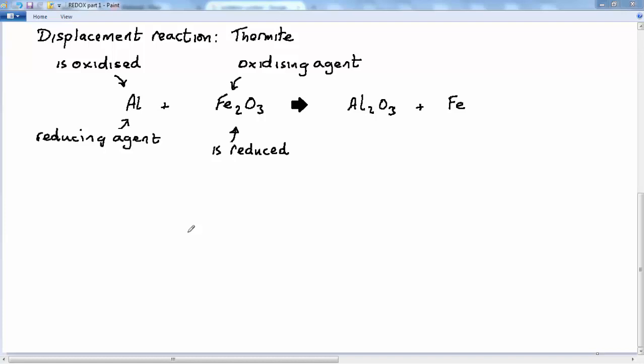Now I'd also like to refer to what might be commonly known as classical oxidizing agents or reducing agents. By classical I mean a substance which is often bought with the purpose of being able to supply oxygen for a particular experiment.